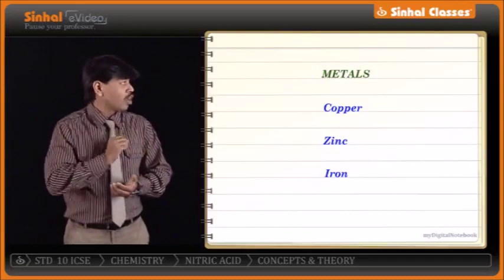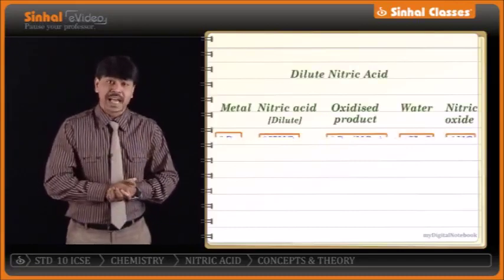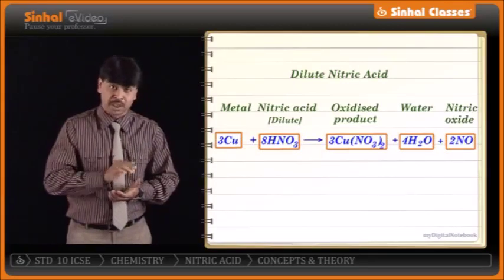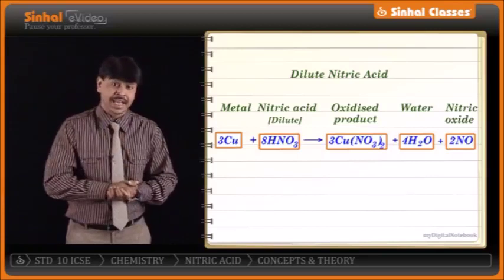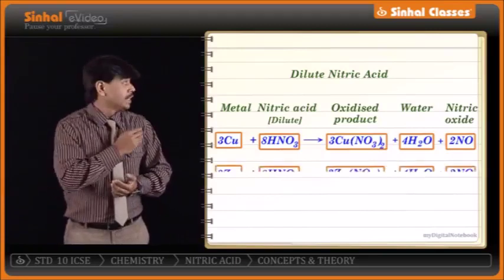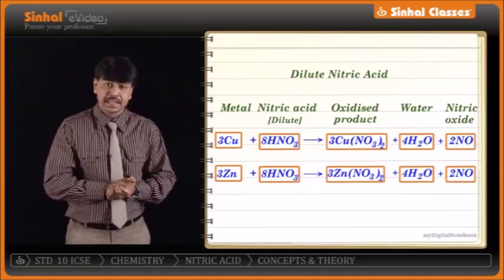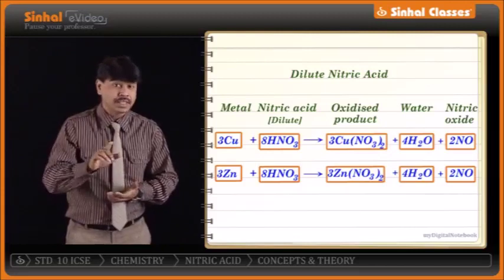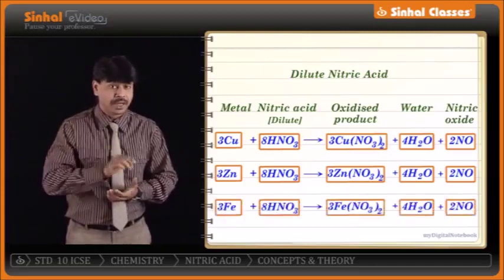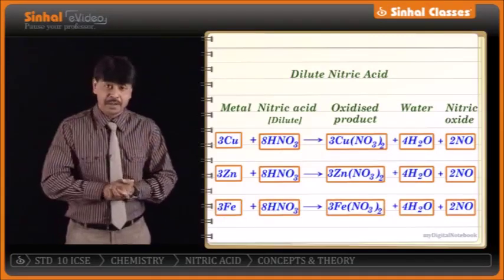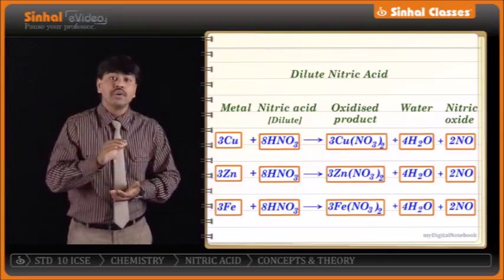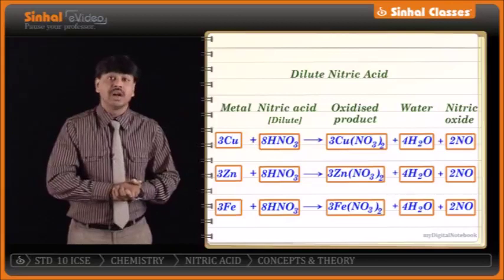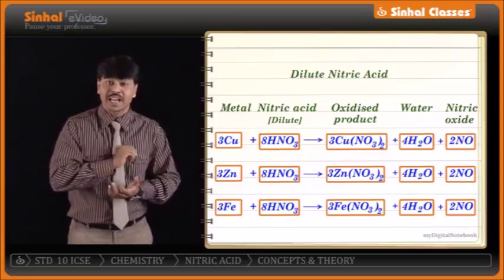Copper treated with dilute nitric acid will give you copper nitrate, Cu(NO3)2, plus water plus NO, that is nitric oxide. Zinc treated with HNO3 will give you zinc nitrate, Zn(NO3)2, plus H2O plus NO. Similarly, iron plus HNO3 will give you ferrous nitrate, Fe(NO3)2, along with water and NO, nitric oxide.